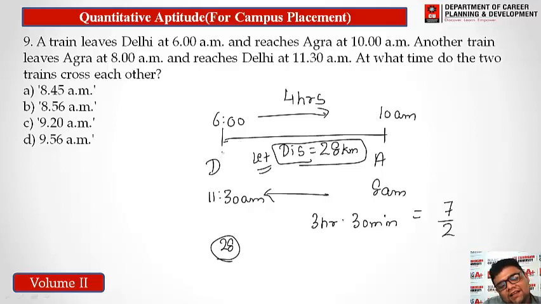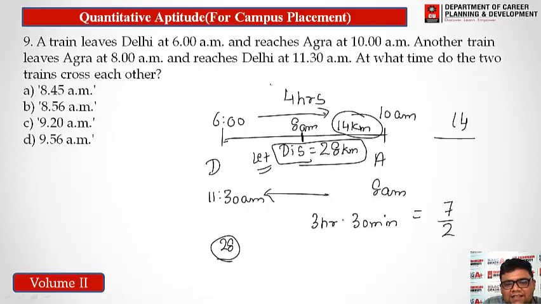Now the train is leaving from Delhi first, then the one from Agra, right? In 2 hours it will cover half the distance. At 8 am it will have covered half the distance, so the remaining distance will be only half, that is 14 kilometer. So we have to travel 14 kilometer, and we know the speed, which we find for the train from Delhi to Agra.